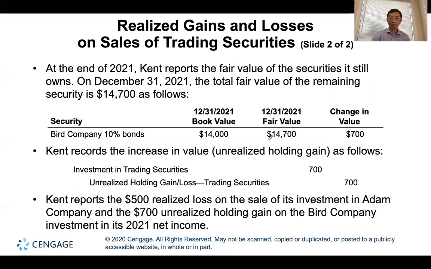So at the end of 2021, Kane reports the fair value of the security it still owns. It didn't sell. The remaining security is 14,700. That means the price increased 700. So the unrealized holding gain: debit investment in trading security, credit unrealized holding gain and loss.